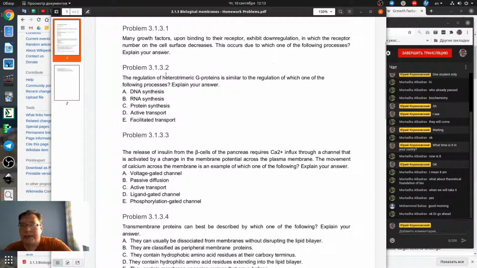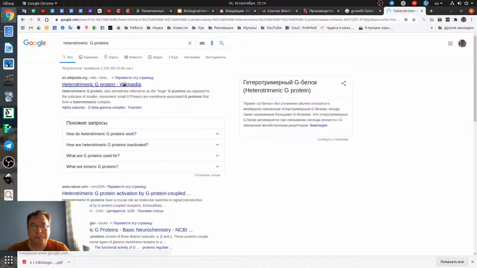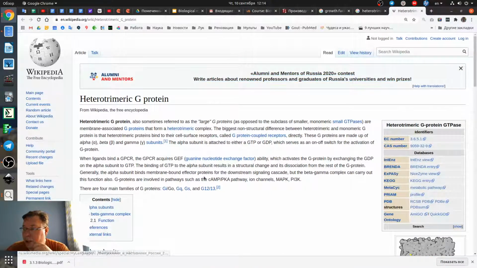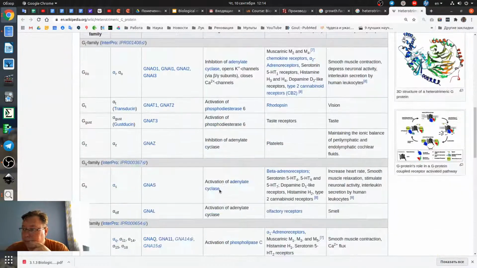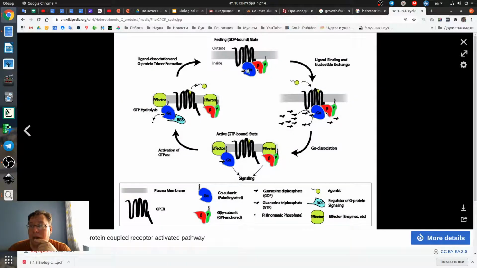So, what are heterotrimeric G proteins? Let's look. These are heterotrimeric G protein. I want to look at the membrane. This one. Heterotrimeric contains three components. The first one, G alpha subunit, G beta subunit, and G gamma subunit.